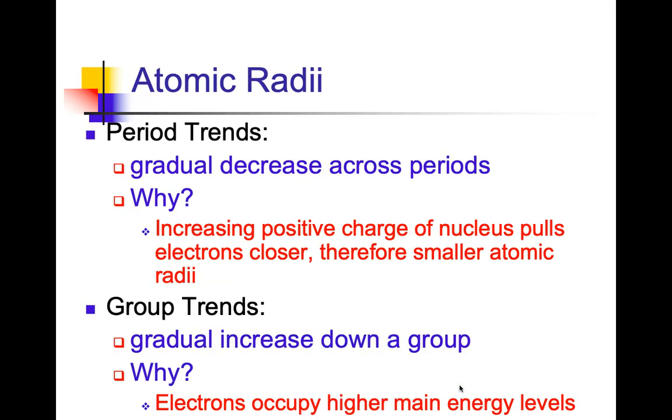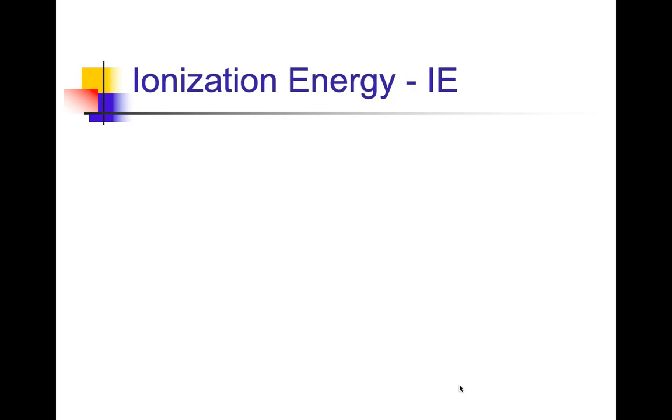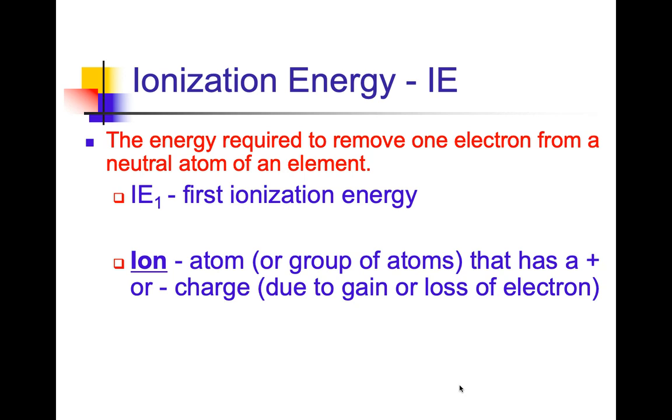All right, so let's move forward a little bit more to our next trend. Our next trend is called ionization energy, or abbreviated IE. And this is closely related to atomic radius. It's a different concept, but the reasoning is very closely related. So the ionization energy is the energy required to remove one electron from a neutral atom of an element.